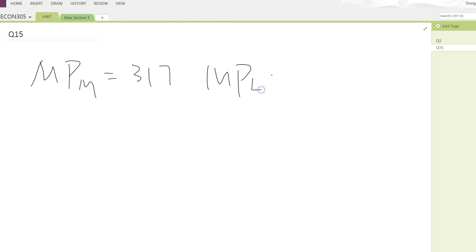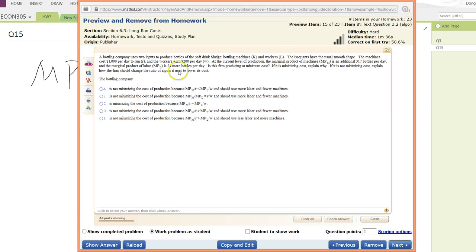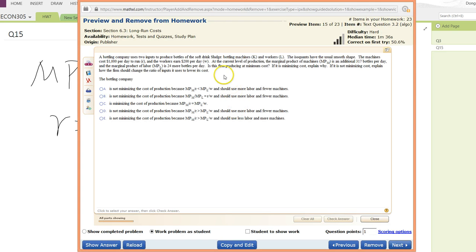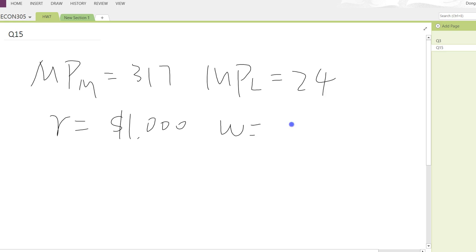Marginal product of labor is 24. R is 1,000. And W, the wage rate, is $200. So now let's see whether the last dollar rule equation holds.